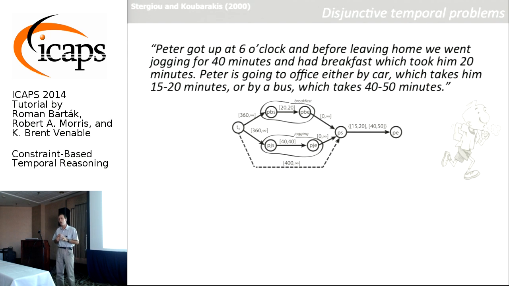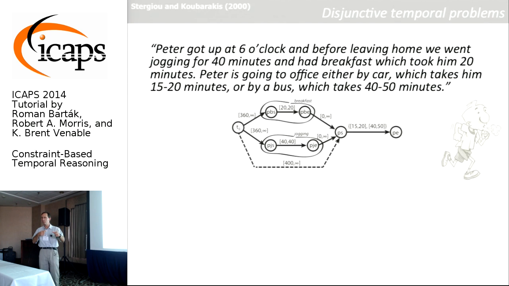I suppose that people are not having breakfast together with jogging, even if some people can do it. So these 2 activities should not overlap, right? But I don't know the order. It's not specified in the problem description, right? So I only know that breakfast and jogging should not overlap.